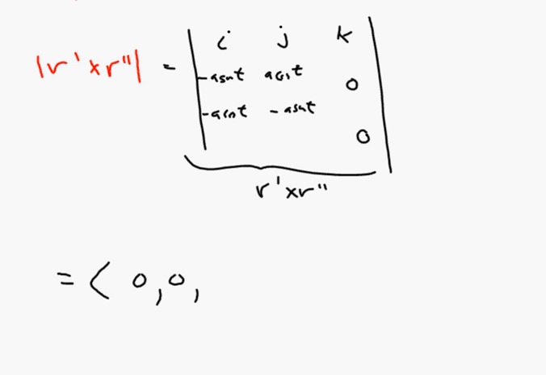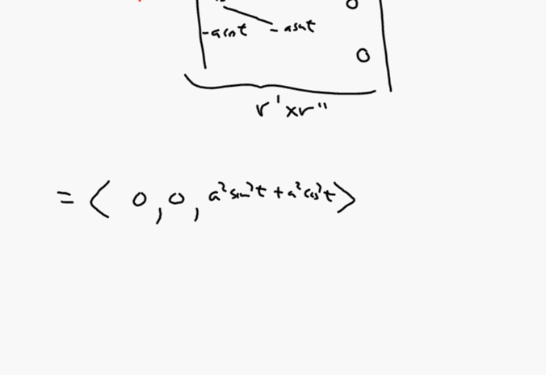And then lastly, here's where it gets interesting. We end up with negative a times negative a sine t, so we get a squared sine squared t, and then plus a squared cosine squared t. So that just turns out to be 0, 0, a squared.